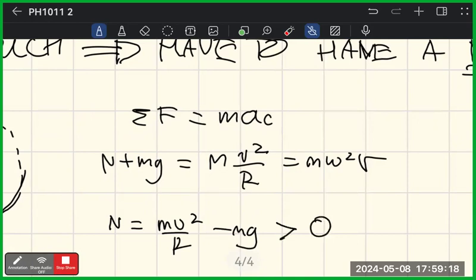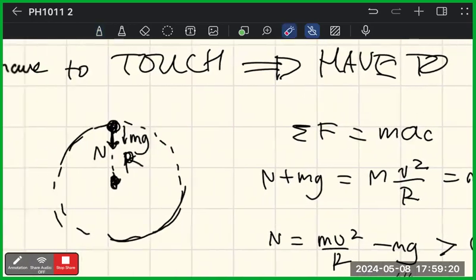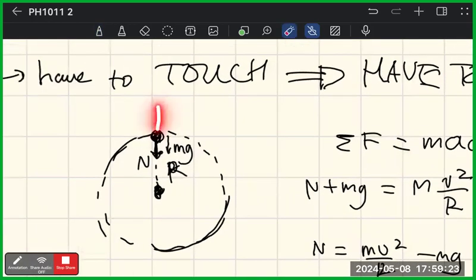There's no negative normal force, because if the normal force went the other way, when you touch the wall, the wall might pull you into the wall, and it doesn't make sense.